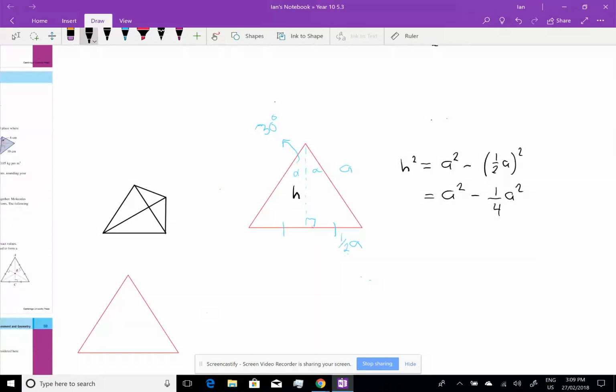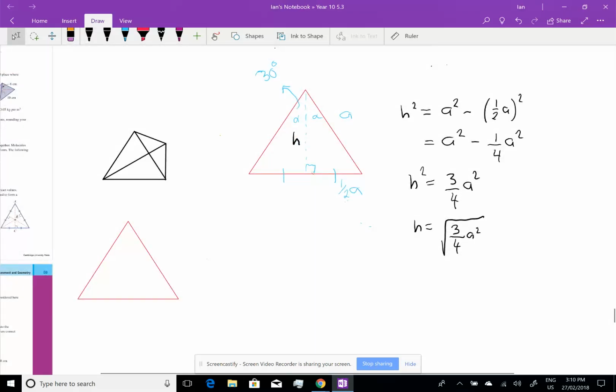And I've got 1 minus a quarter, well, that's just 3/4 a squared. So that's what h squared is. So h equals the square root of all that, 3/4 a squared. And I can do those individually, root 3. The square root of a squared is just a, and the square root of 4 is 2. So there's my perpendicular height. I'm going to use that quite a bit. That is important.